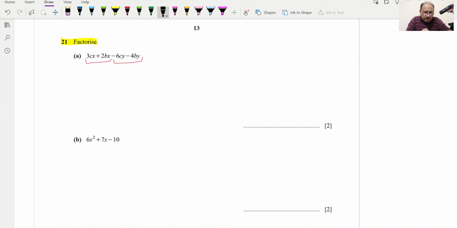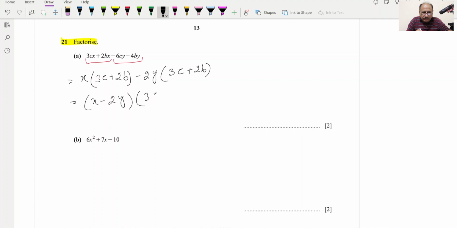From the first pair we can take x common, and inside will be 3c plus 2b, and from the second pair we can take minus 2y common, and inside will be 3c plus 2b, and our answer will be x minus 2y and 3c plus 2b. This will be the final answer, which we can write over here. This is a 2 mark question which we have done.